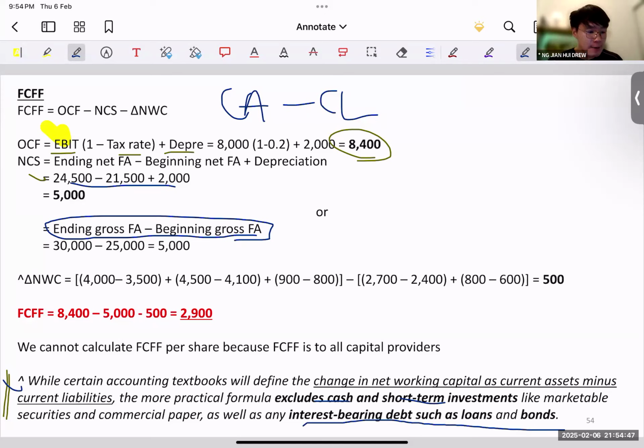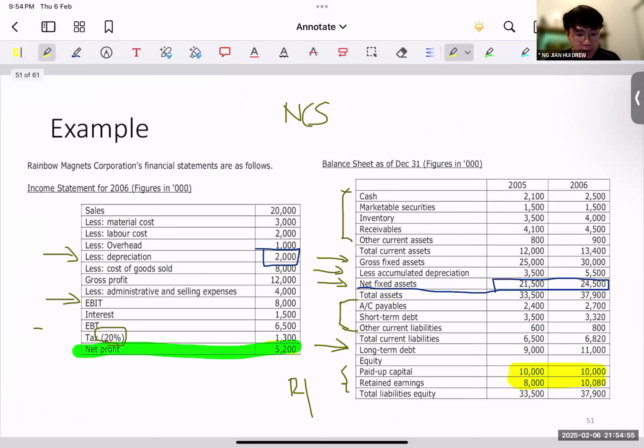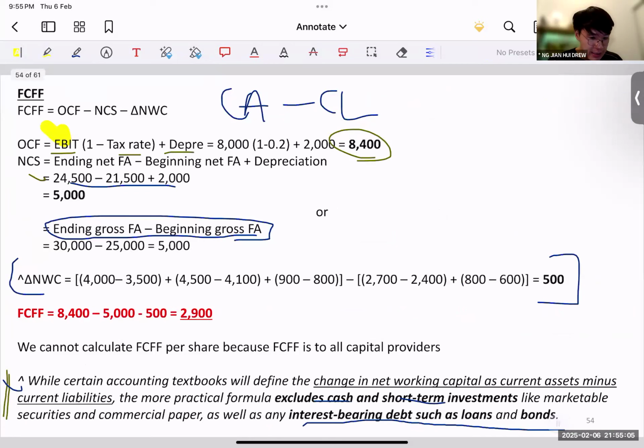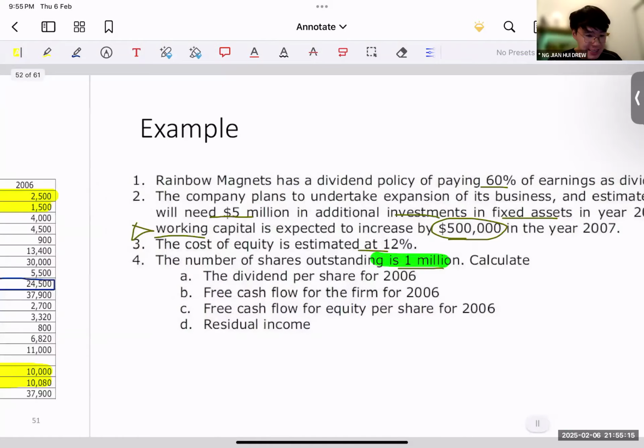So in this example here, this formulation here, you'll notice what? Okay, I'm just going to flip back to show you that our cash is not included. And I think marketable securities are also not included. Let me just double check. Marketable securities. Yes, they're not included. So this is our CA. So our CA consists of the changes in the CA, right?